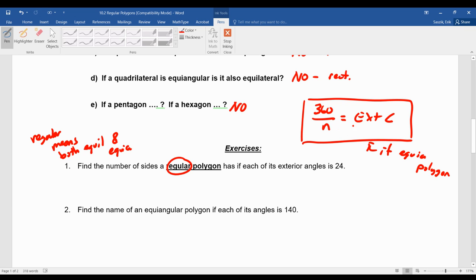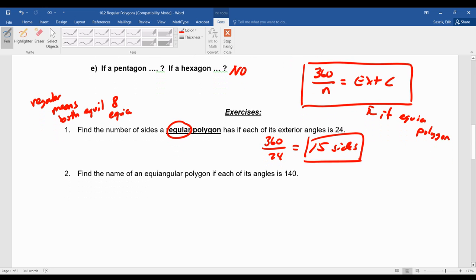Remember, if I cross multiply, I can solve for n, and 360 over the exterior angle measure would give us the number of sides. So this would be 15 sides. So remember, you can manipulate this. 360 over n equals the exterior angle measure, but 360 over the exterior angle will also give you the number of sides. Same formula, right?